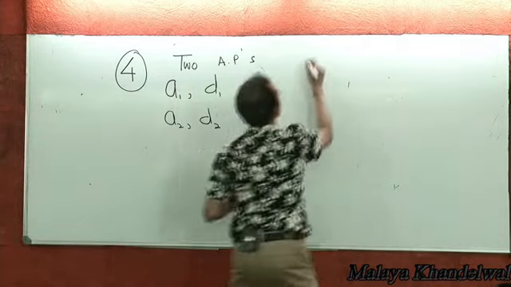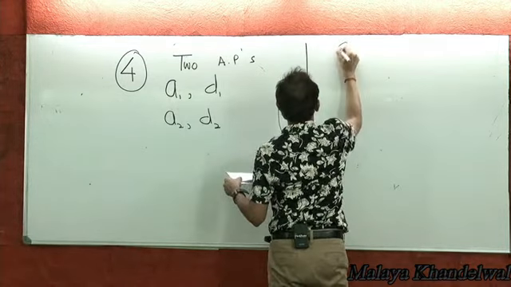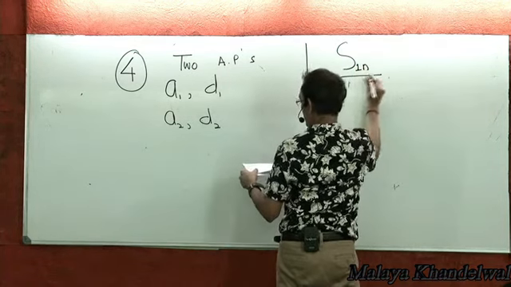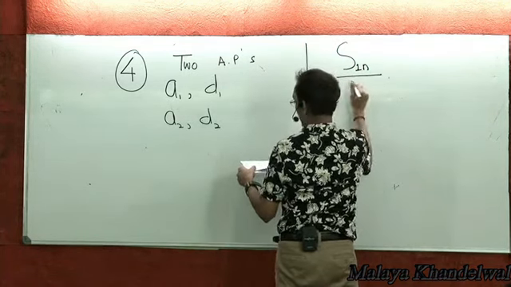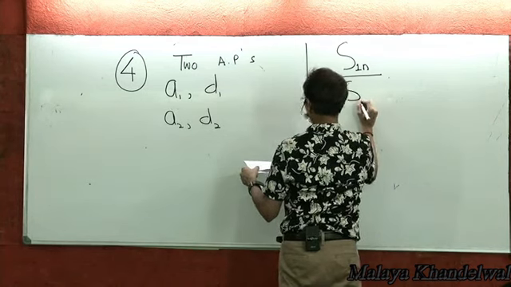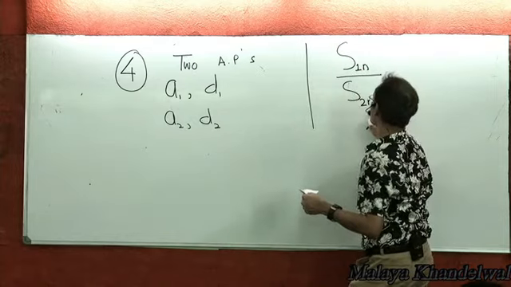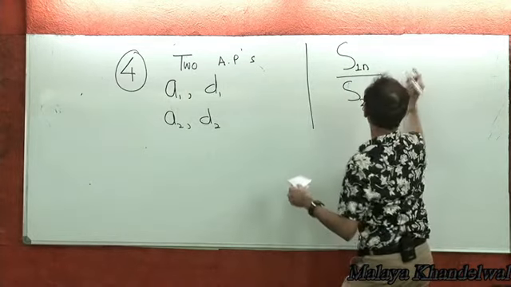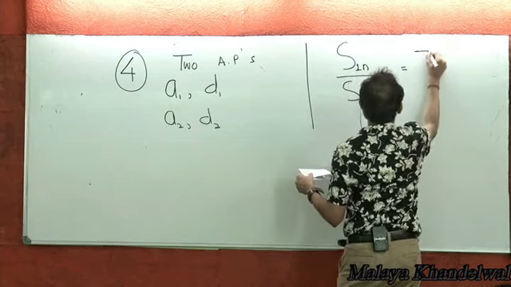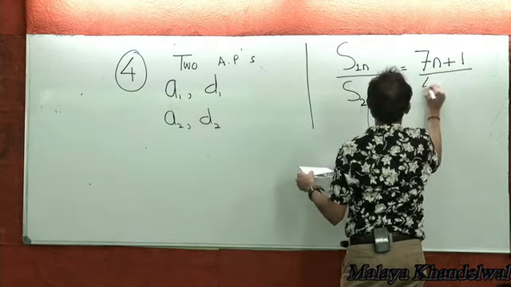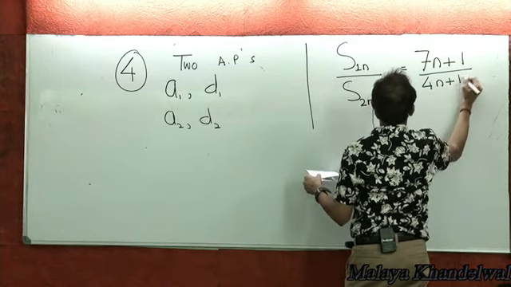And what's given is sum of n terms of the first AP divided by the sum of n terms of the second AP is given to be 7n plus 1 divided by 4n plus 17. That's given.